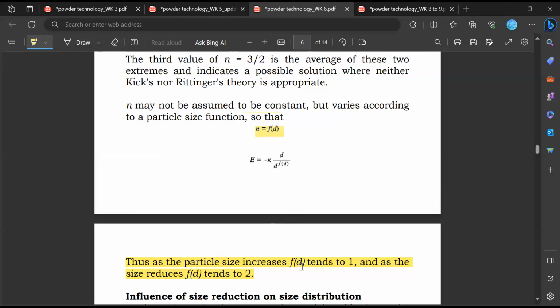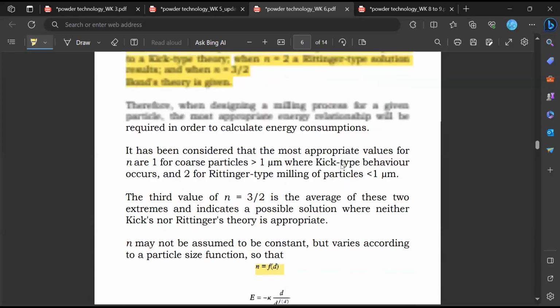So if this FD is 1, then n will be Kick's theory, and when FD is 2, when the size reduces, then it's Rittinger's theory.